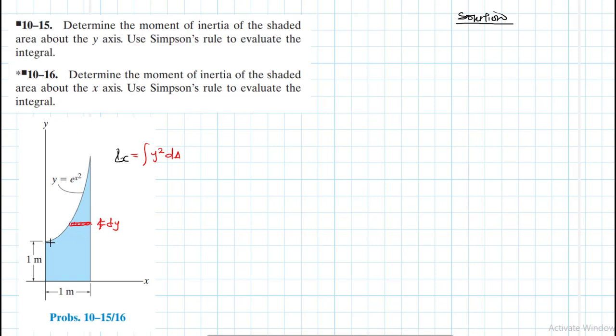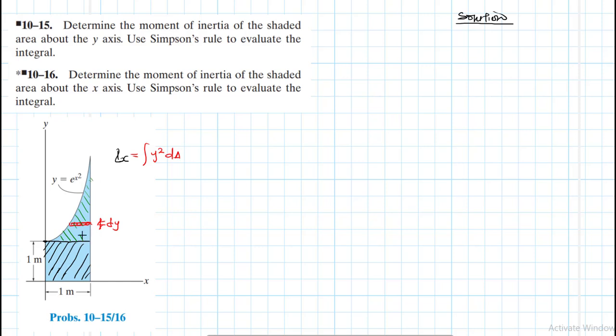But when we look at the function that governs the curve, it starts from this point. You see this point? So it means we have two areas here. We have this area at the bottom, which is basically a square, then we have another area, which is this area here. Now I'm talking about integrating with respect to y.